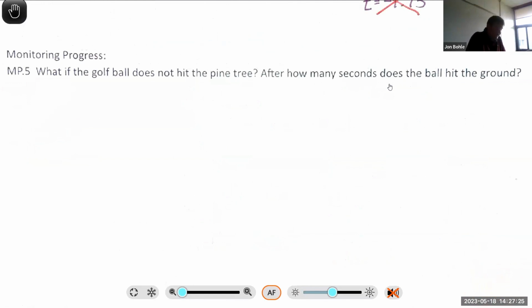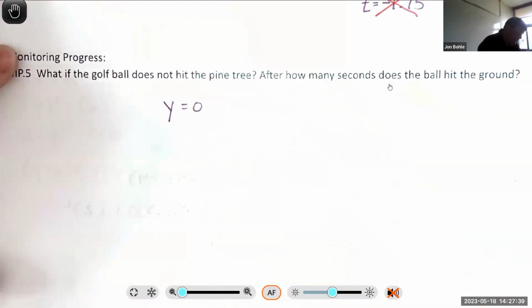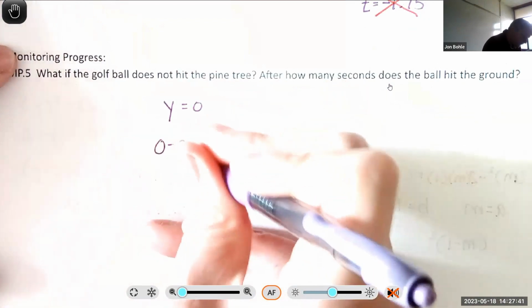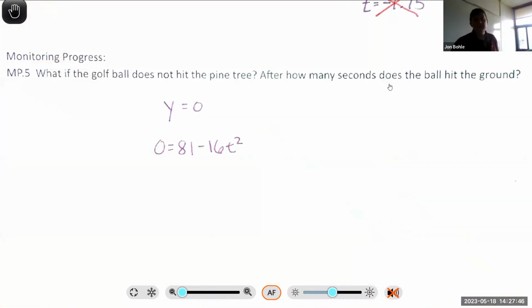Okay, so what if the golf ball does not hit the pine tree? After how many seconds does the ball hit the ground? So here, if the ball is not hitting the pine tree, it's hitting the ground. Okay, y represents the height of the ball above the ground. So in this situation, y is equal to 0, which is convenient because then I don't have to set it equal to 0 for the zero product property, because it's already done for us.